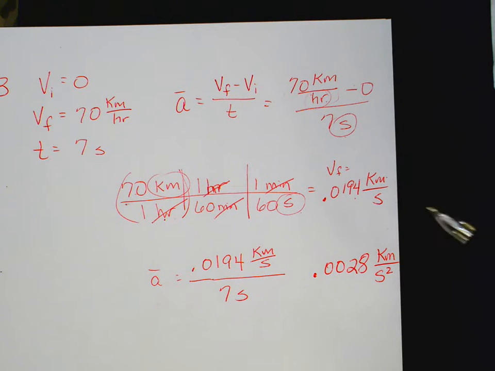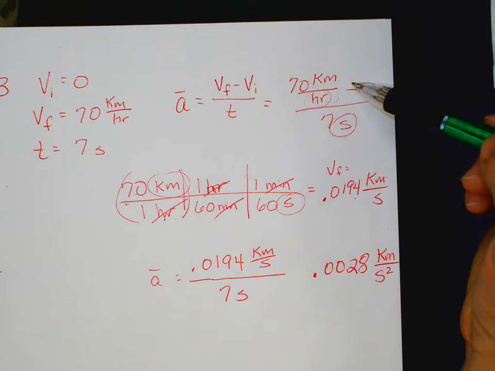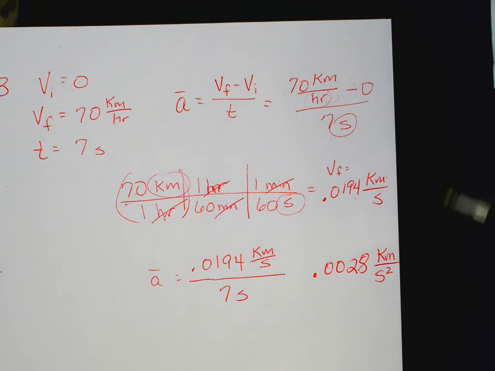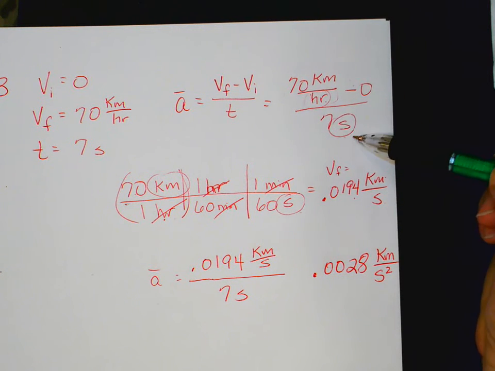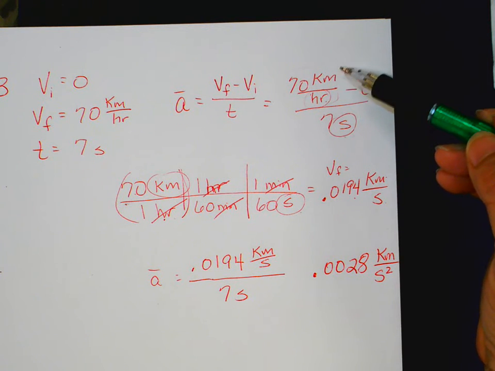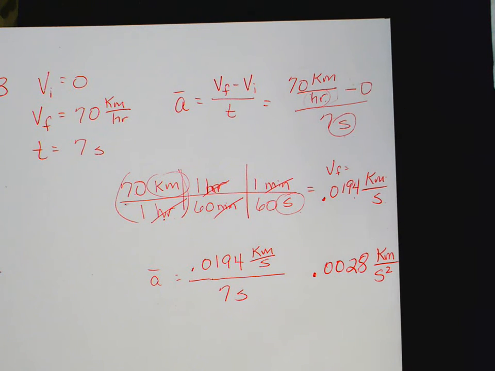So in this case, I converted the 70 kilometers per hour to kilometers per second. I could have just as easily converted the 7 seconds to hours and plugged it in, and then my answer would have been in kilometers per hour squared.